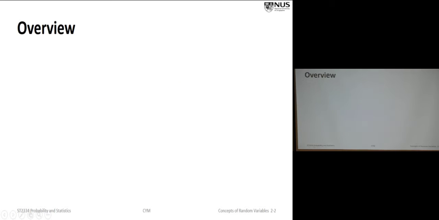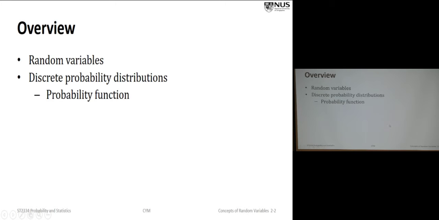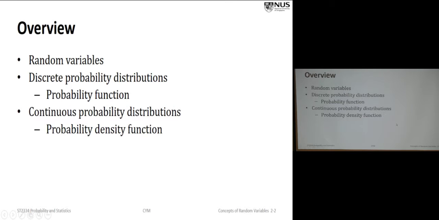Okay, here it is. We are going to discuss random variables and their behavior. There are 2 families. One is discrete probability distribution. The other one is continuous probability distribution.